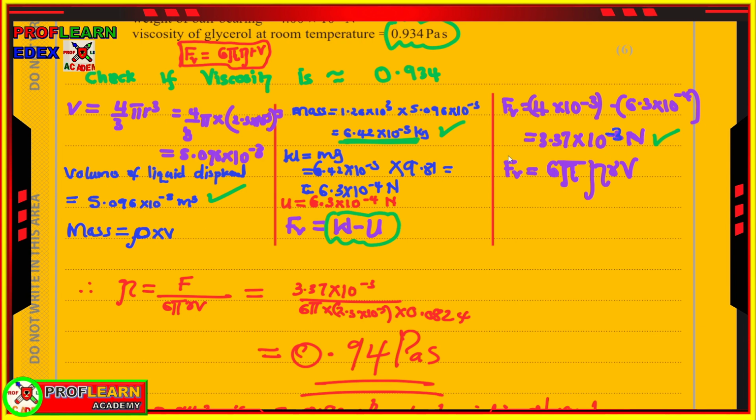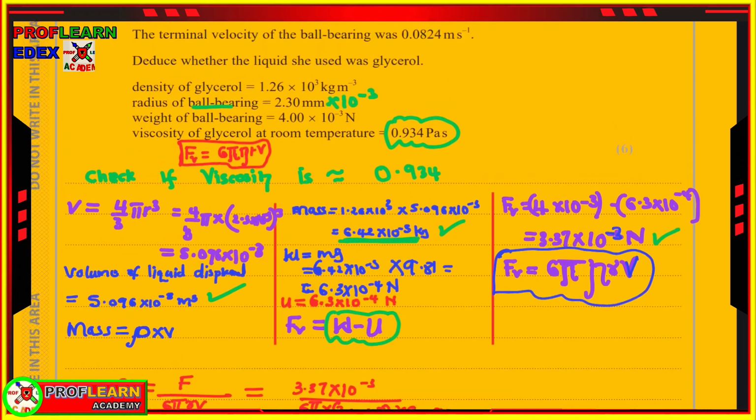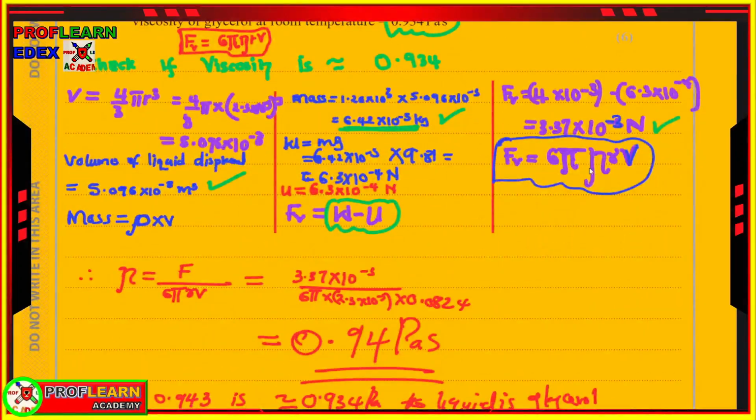So remember, drag force can be worked out using this formula, 6 pi eta radius in meters times the terminal velocity, of course. So we try to make eta the subject of the formula, work it out, and check whether it is going to be the same as this value that we have at this point.